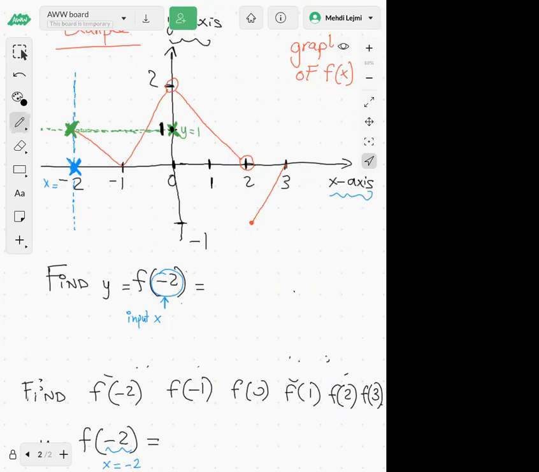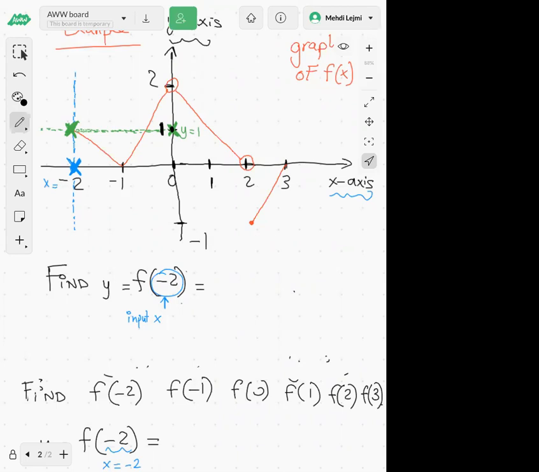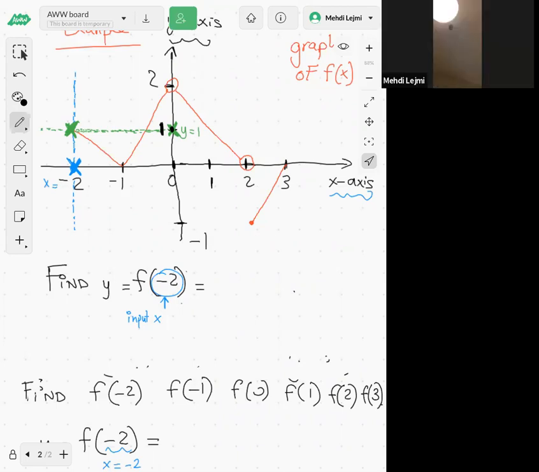Wouldn't it be 1 at -½ too? Because it's touching the line there too. Which line? The red? The red, that's the graph of the function f. So if you want to find the output, you have to intersect the y-axis, the vertical axis. You see this axis here?